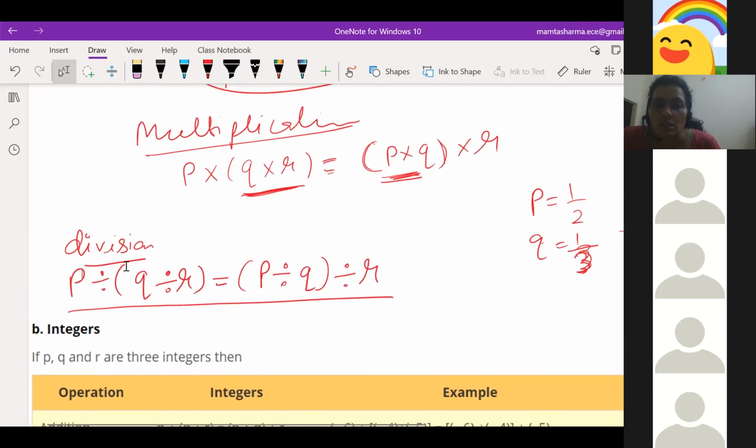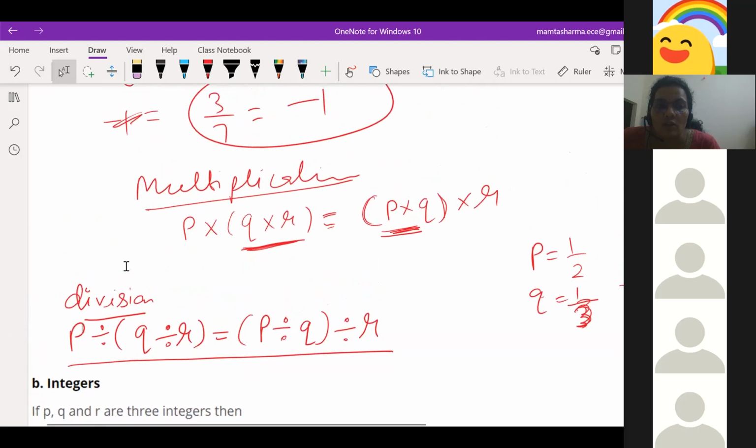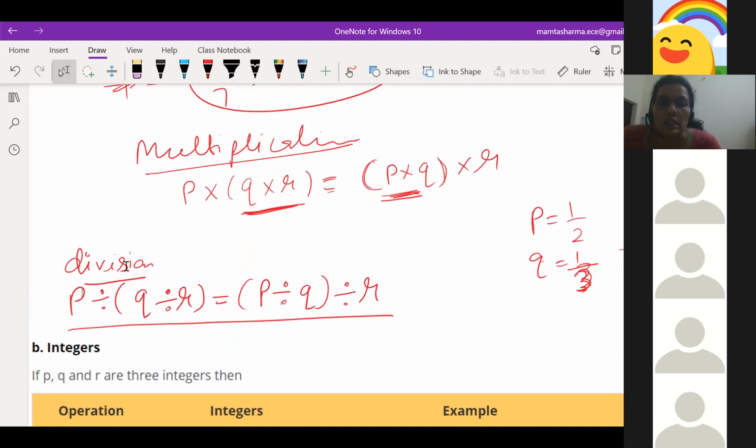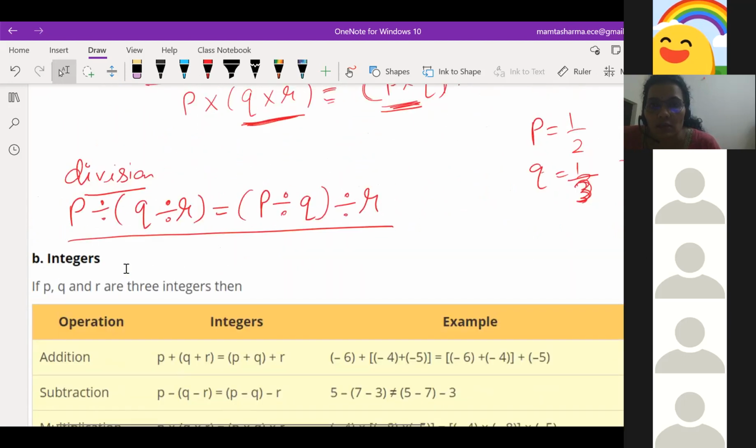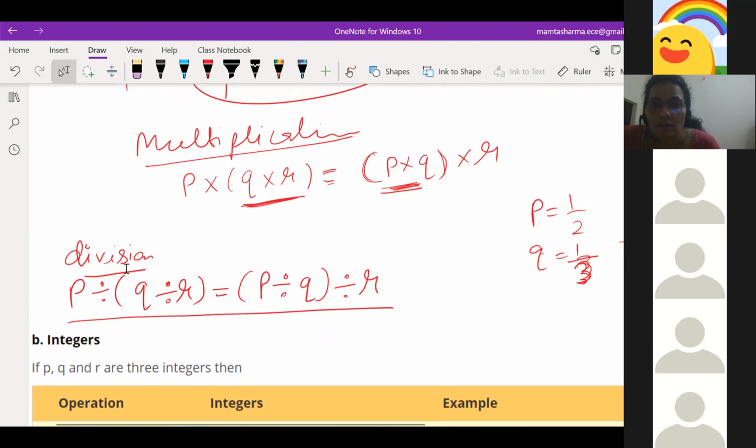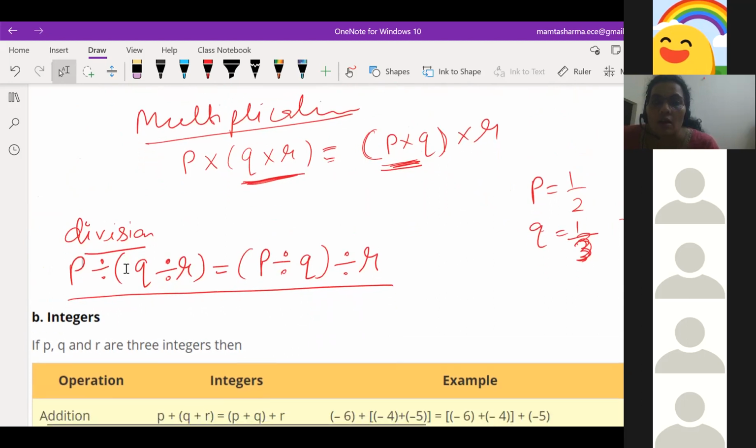Now note down your homework. All of you note down your homework. As homework, you have to check the associative property for integers and whole numbers.